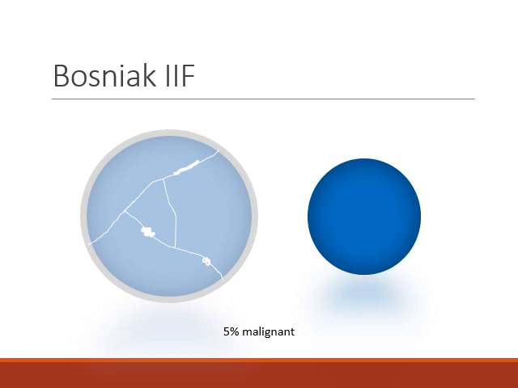So a Bosniak 1, remember, was a simple cyst, no septae and hairline thin wall. A Bosniak 2 can have a few hairline thin septae with some thin calcifications allowed. A 2F will have thicker calcifications and more of them.